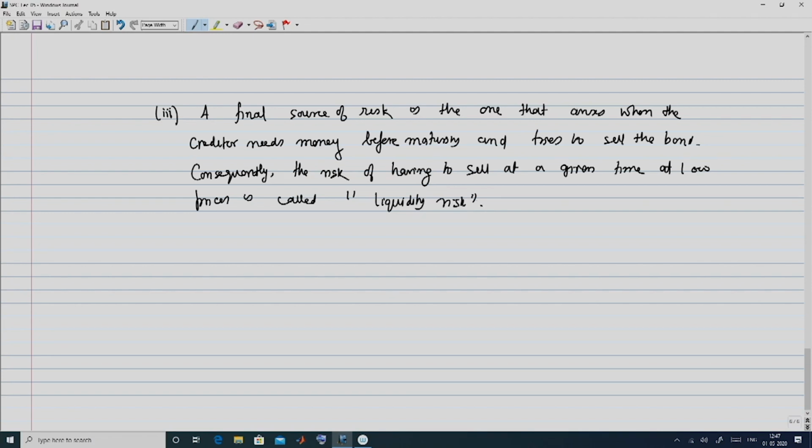So, let me explain this concept of liquidity risk again in the context of the previous example. You have purchased a 5-year bond with an amount of 100 and interest rate 10%. Suppose that after 2 years you need the money and you decide to sell off the bond, and then the party to whom you sell the bond becomes the new creditor for the debtor.